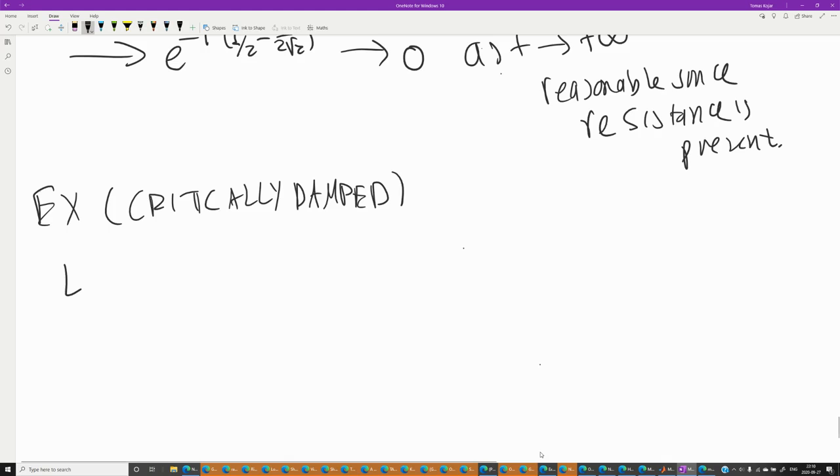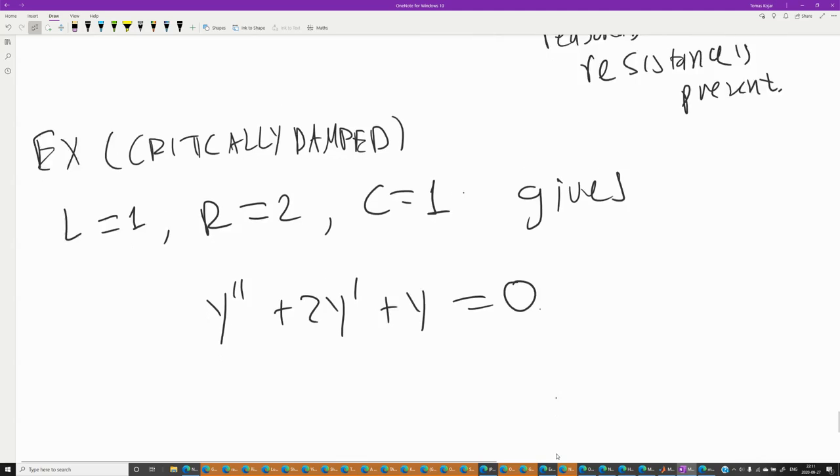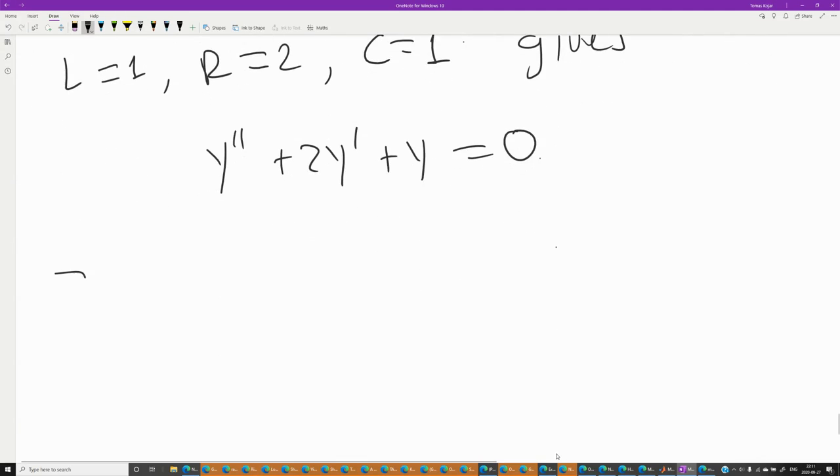So here you just let L to be 1, R to be 2, and C to be 1, gives y double prime 2y prime plus y equal to 0. So that's the ODE. The system is r squared 2r plus 1 equal to 0.